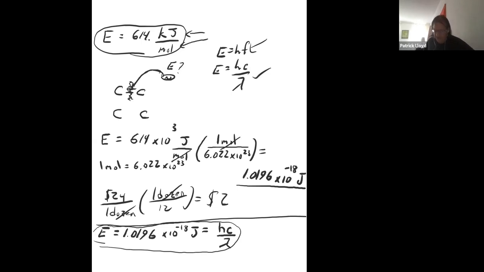So we want to find the wavelength. E equals hc over lambda. Here's the algebra. Multiply both sides by lambda.